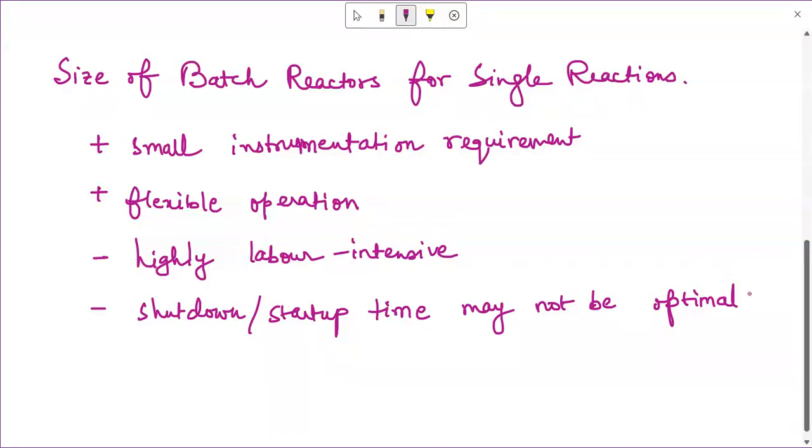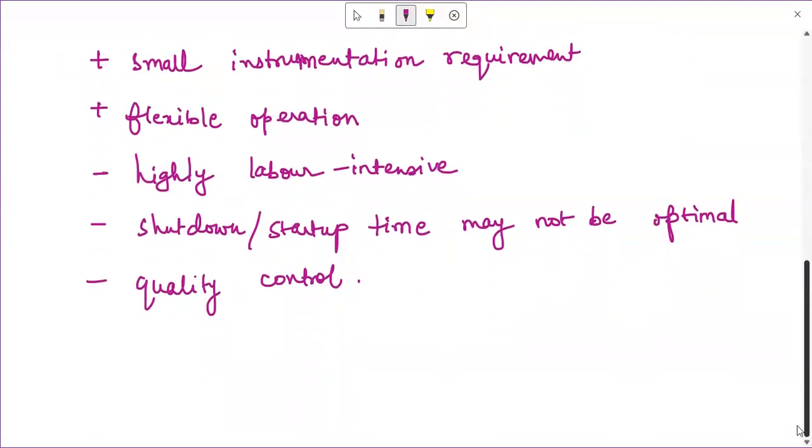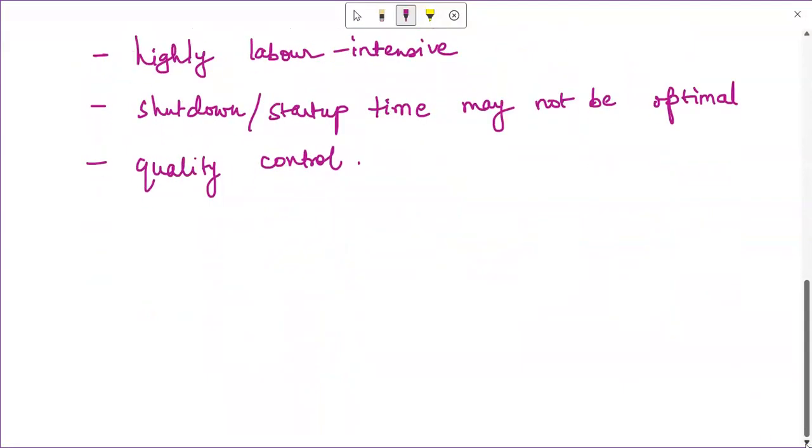Also, quality control on the product is low. What do you mean by quality? So you see, this is a bit like a story that I would like to share.